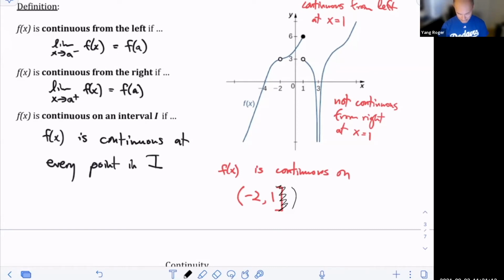So if I ask you a question, I'll just say, is it continuous from the left or is it continuous from the right? But this type of thing is a little bit trickier because you really need the two one-sided limits to both exist. I hope that makes sense to you.